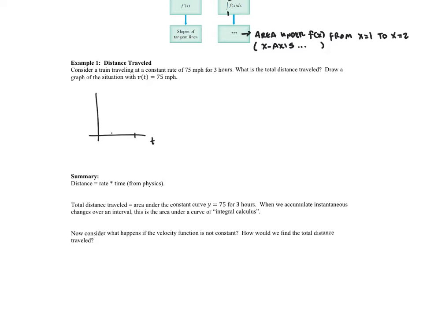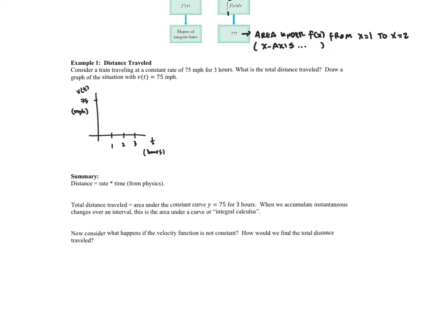Let's say our time is in hours, and this is 1, 2, and 3 hours. Our velocity is constant in this case, in miles per hour, 75 miles per hour for the entirety of those 3 hours.